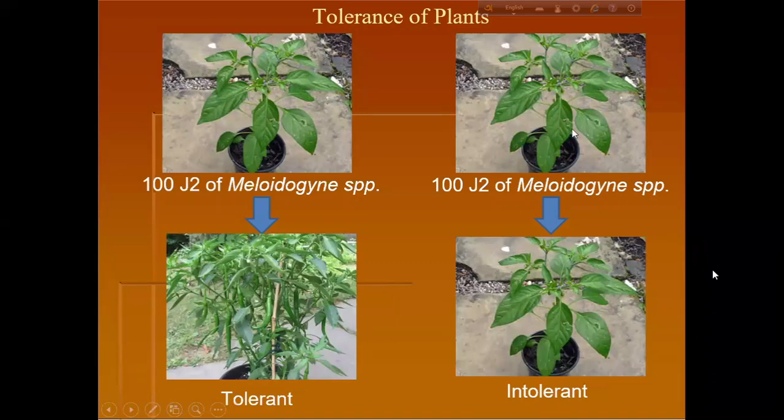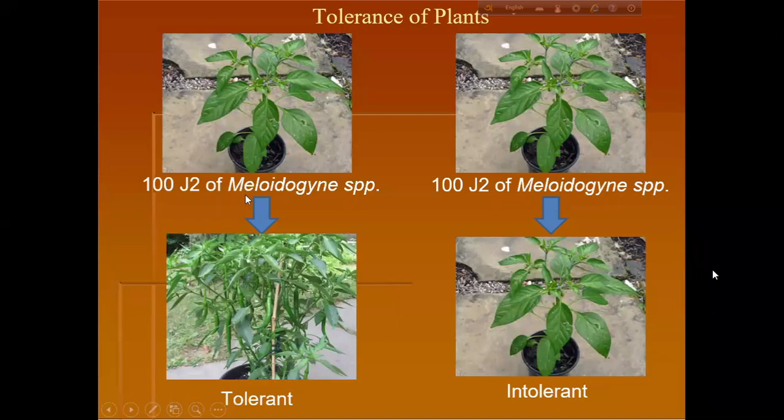And let's say, today this plant looks like this one, and today this plant looks like this one. You can see here, the growth, development, and reproduction of the plant is not affected in this case.